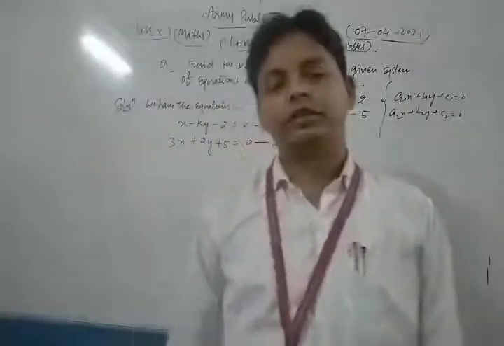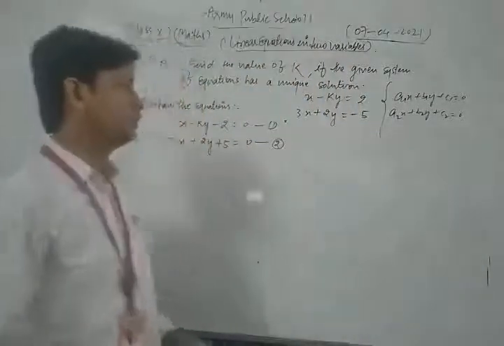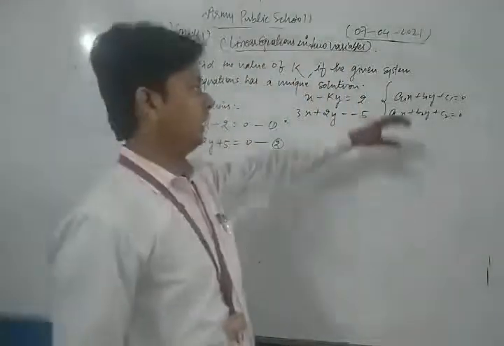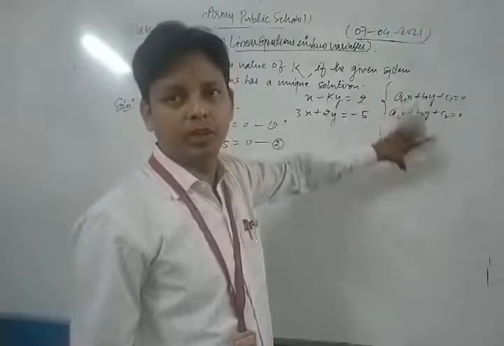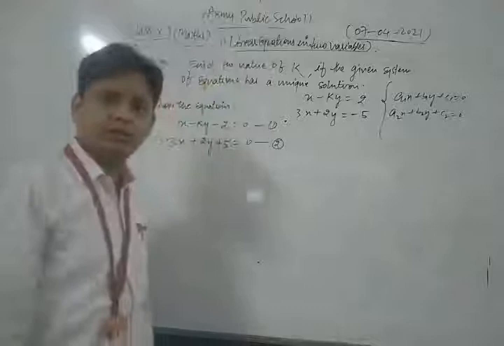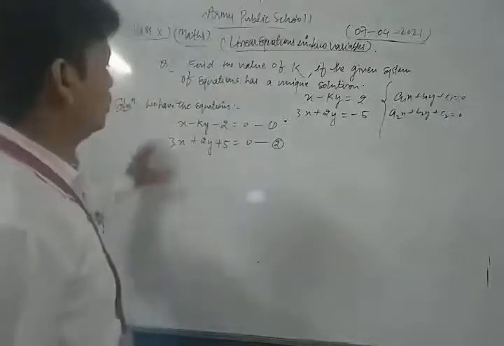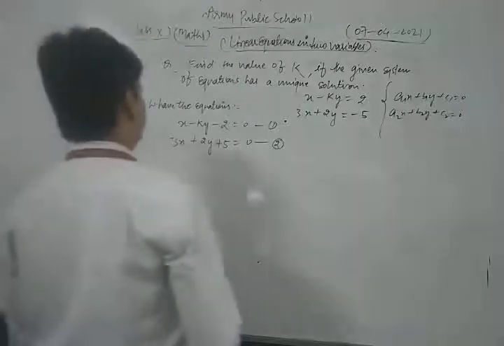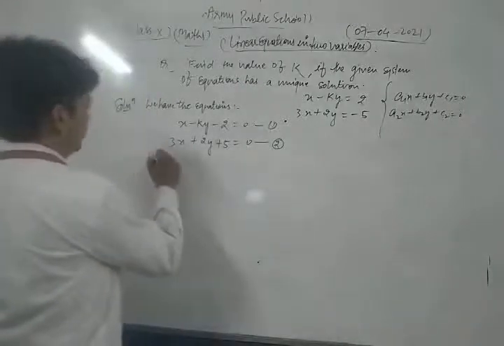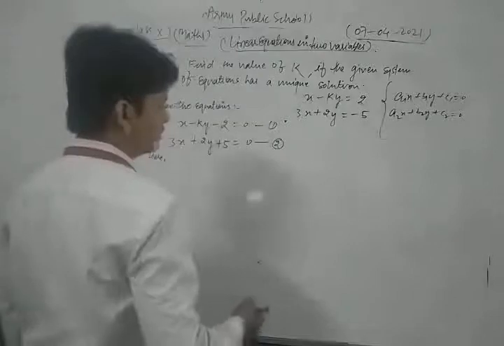First of all, we arrange the given system of equations in this form. Now, dear students, here first of all we compare the given system of equations with the standard form of the equation.